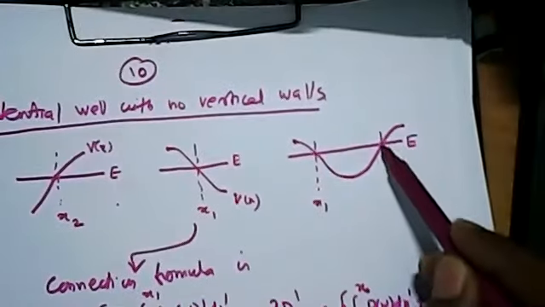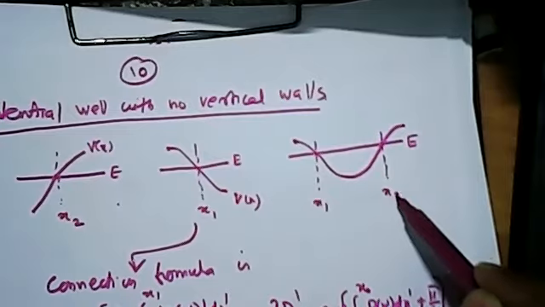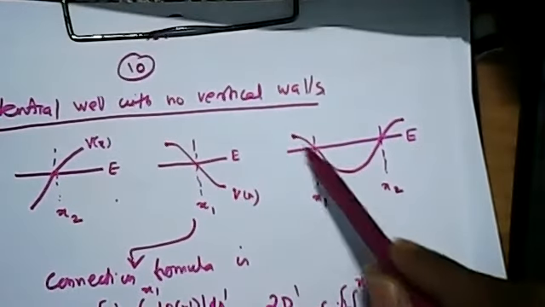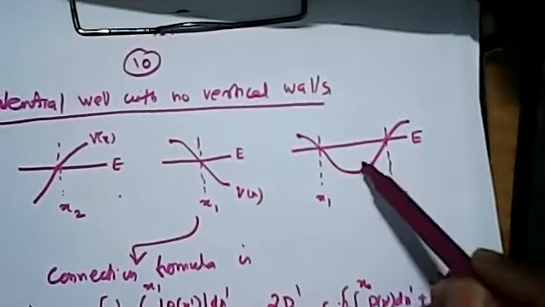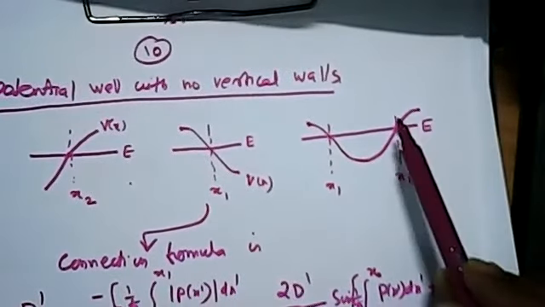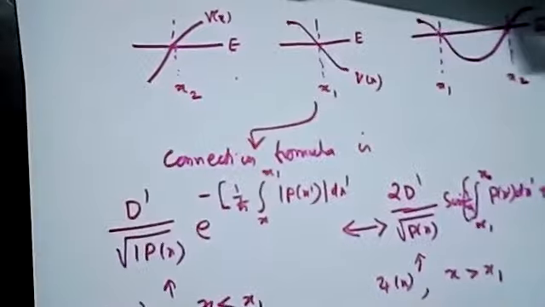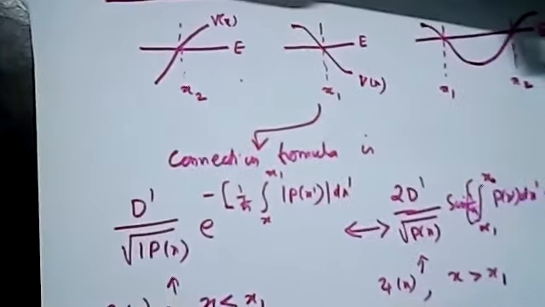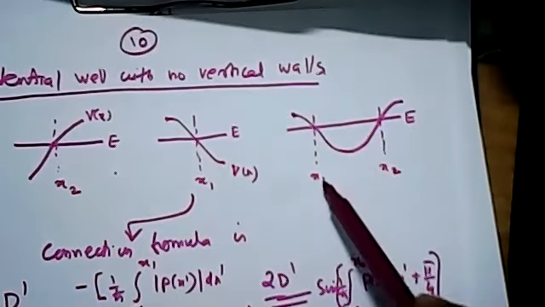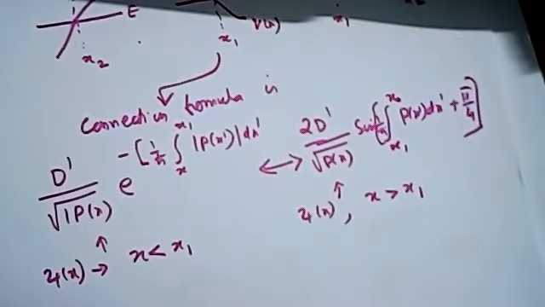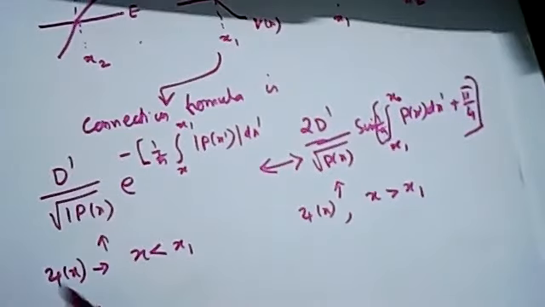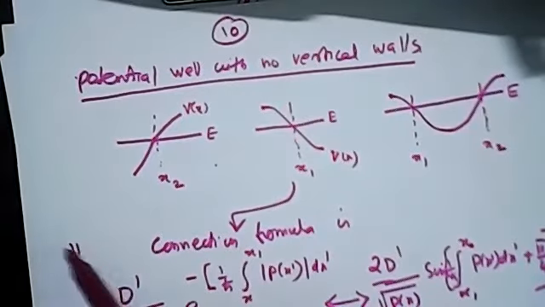This turning point is x2. Okay, so here both sides are sloping, no vertical walls. So in this case, the wave function is for x between x1 and x2. So in the third case, this is the second case, second figure.